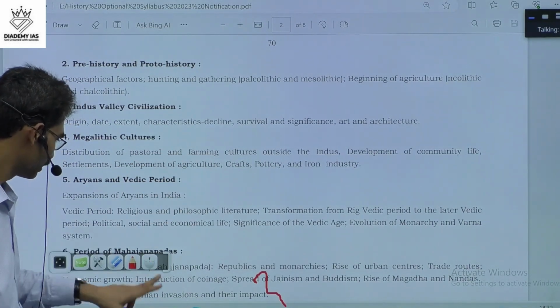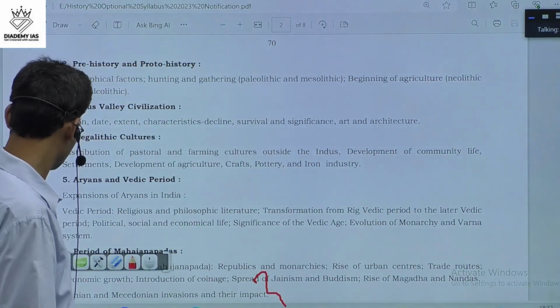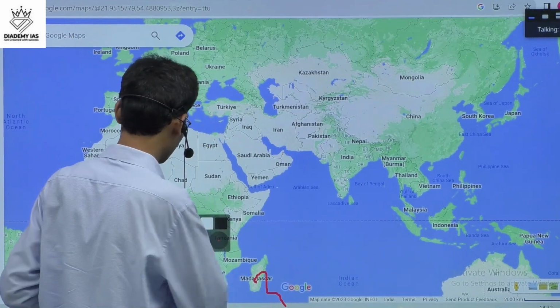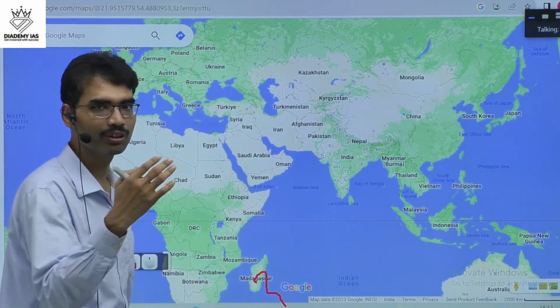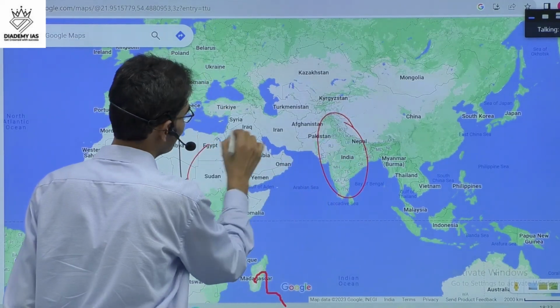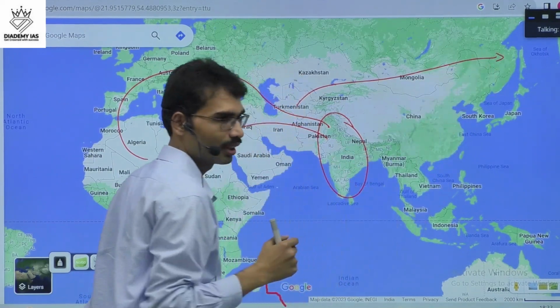Later, after some time, to this location once again a new set of people came. Just now we have seen, before the prehistoric period, the people migrated from this location. Migrations are very, very common throughout our history.